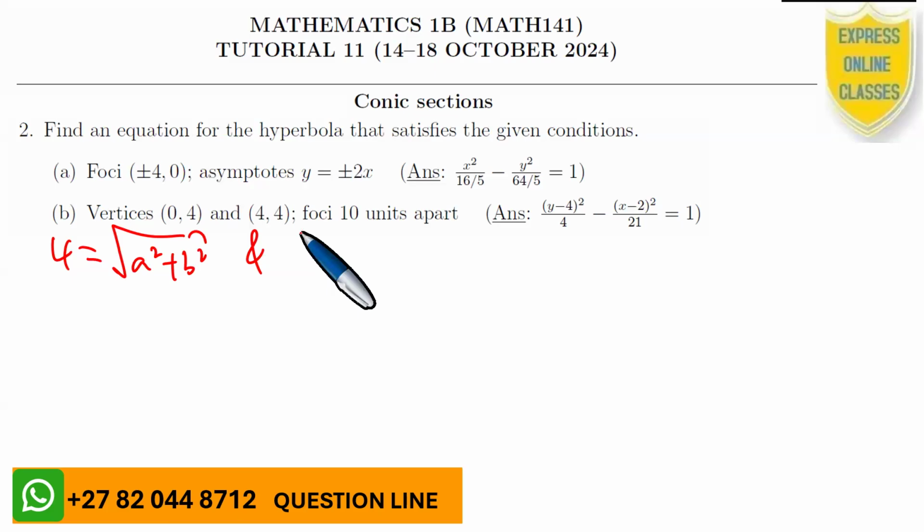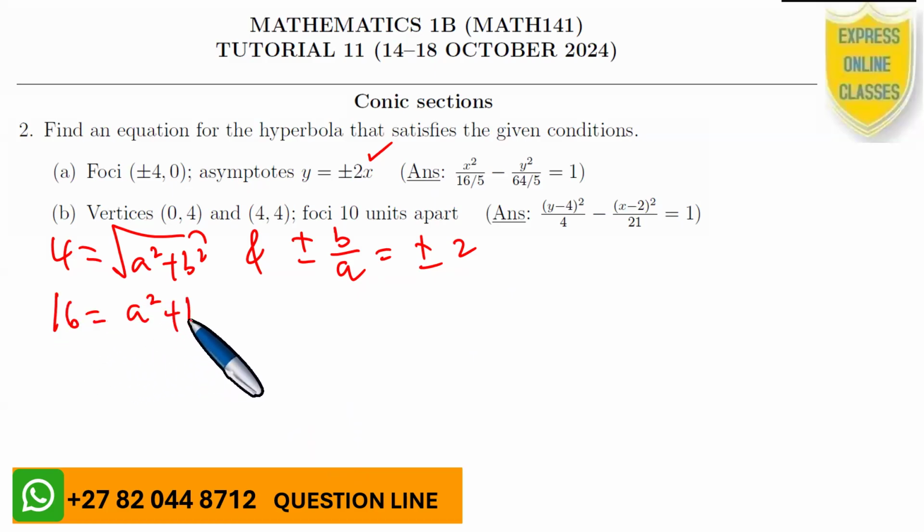But also we have the plus or minus b over a, which is plus or minus 2, because it becomes b over a. Square both sides, getting 16. b equals 2a.